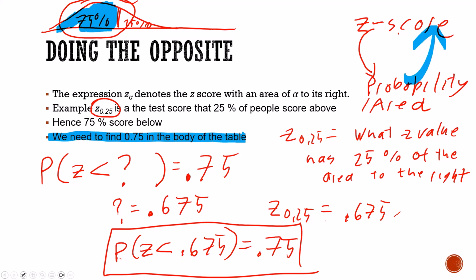Like, when do you do what we did, look for a number in the body of the table, and when do you find a number on the edge of the table and look for the corresponding number in the body, right? Do you guys understand what I'm talking about? So basically, I'm looking at what are the differences between the two? How do you know which process to do? Everyone's following what my question is, even if they don't know the answer for it?